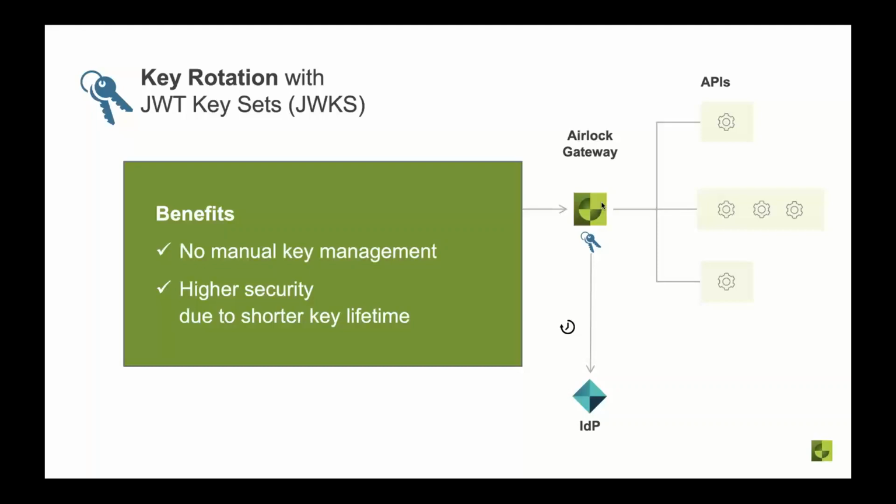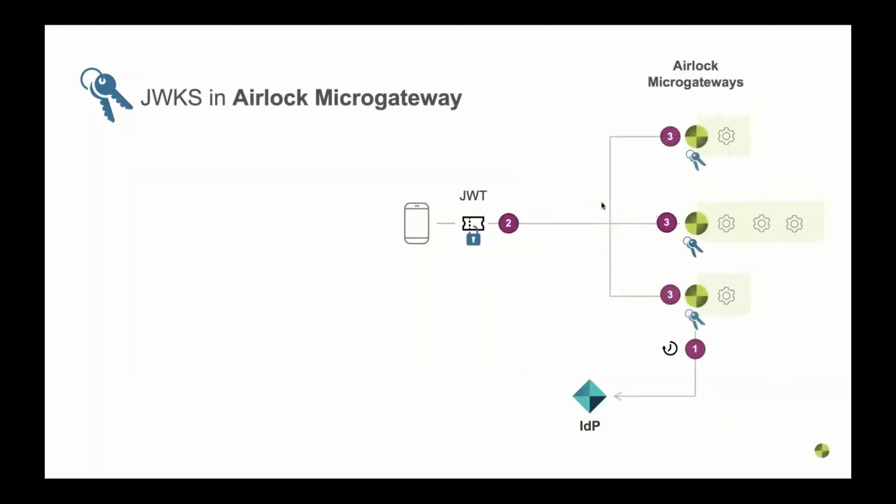So if you breach them, if you lose them, if someone stores it to an Amazon S3 storage, then you can quickly react and you know, okay, they're only valid for a week, so it should be over by now. And as I said, the feature is also available in Airlock Microgateway, so you can do the same there.